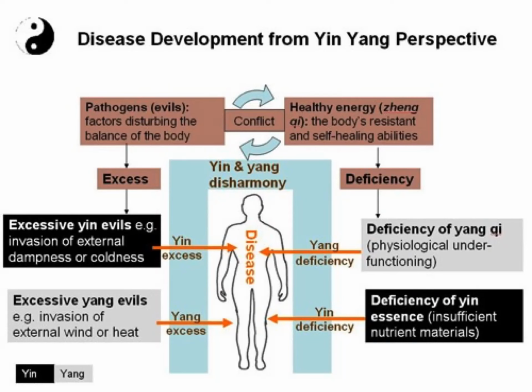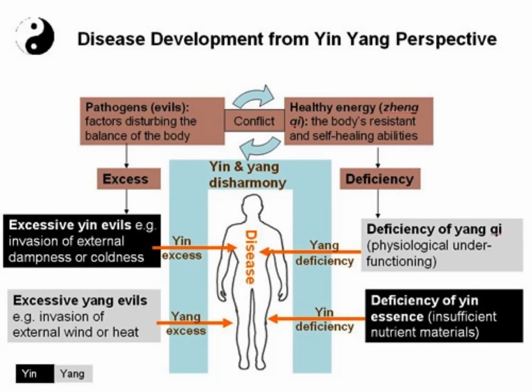Then we have the Zheng Qi, or the healthy energy, or what we also call the upright Qi, no? So they will be in conflict if there is a war, of course. Pathogens or evils are factors that disturb the balance of the body, while the Zheng Qi is the body's resistant and self-healing abilities. So every time there is yin and yang disharmony, there will be conflict.